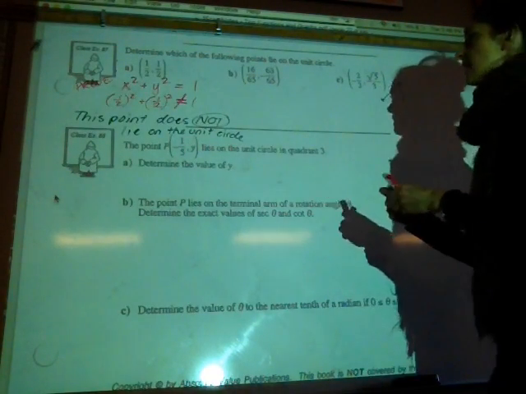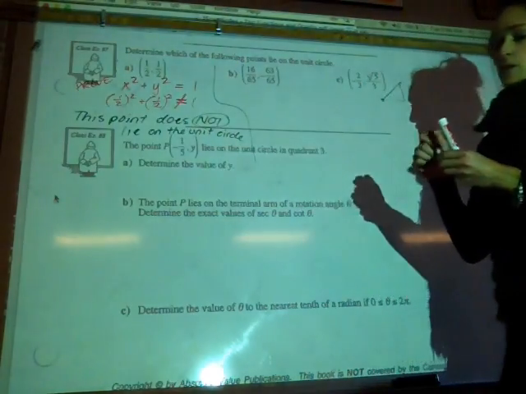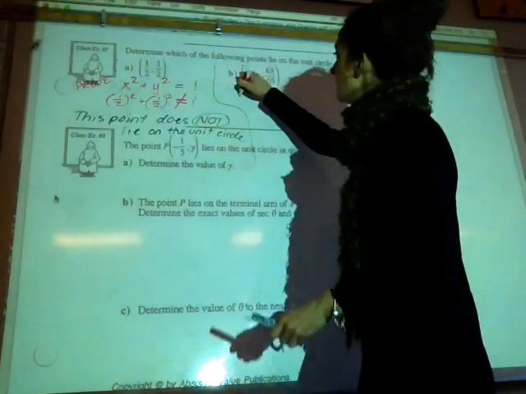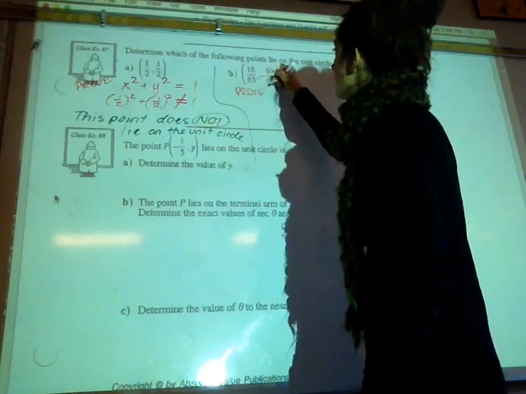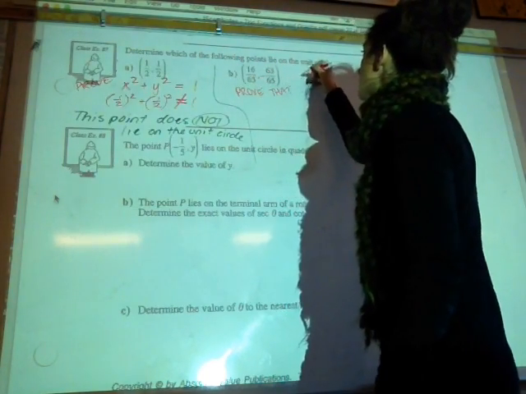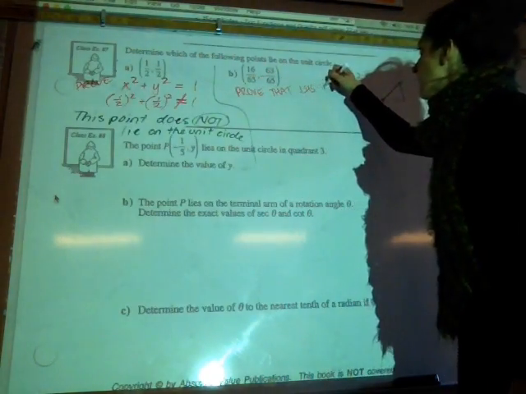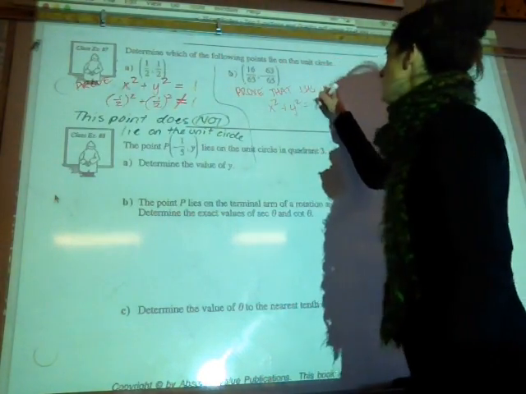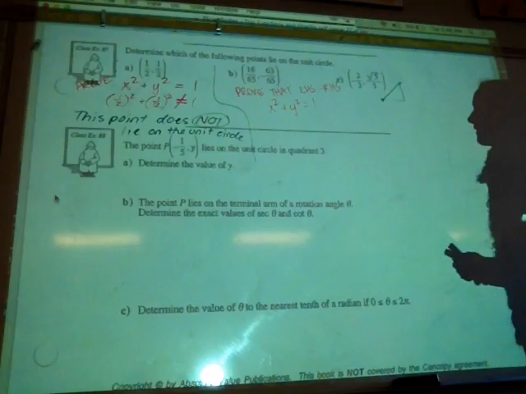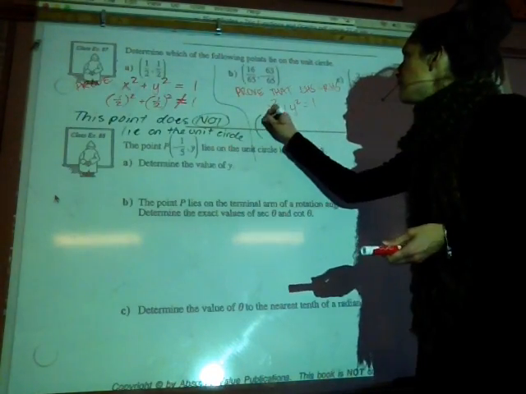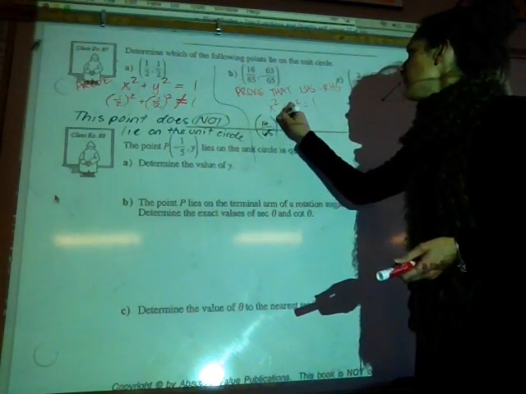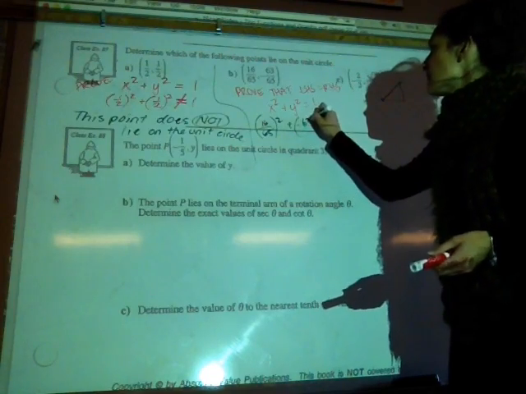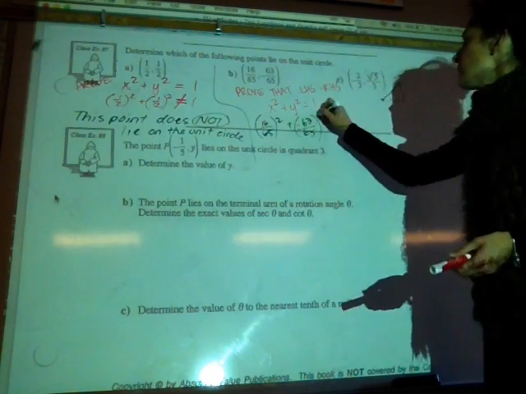Okay, let's test the next one. So we need to prove that left-hand side equals right-hand side for x squared plus y squared equals 1. Our left-hand side will be 16 over 65 squared plus negative 63 over 65 squared.